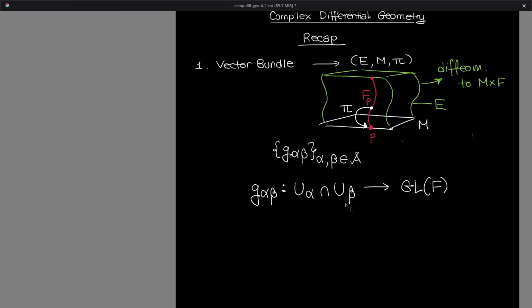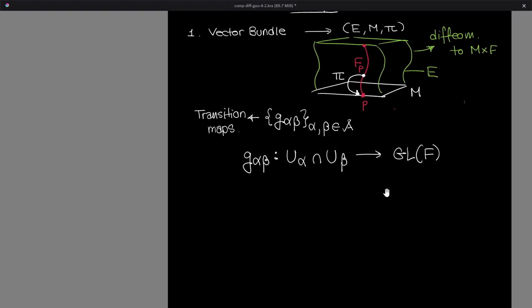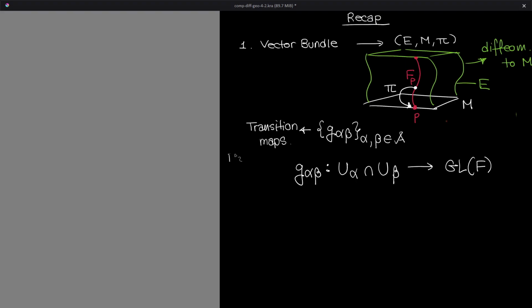These are called transition maps, but they're different from the chart transition maps. They transition between the representations of F_p on U_α to F_p on U_β.